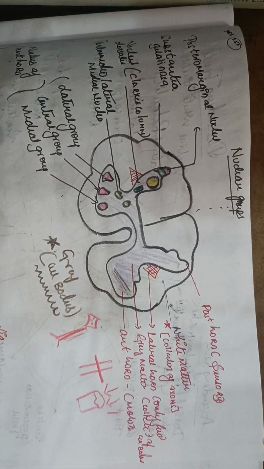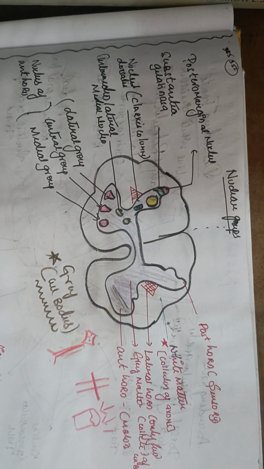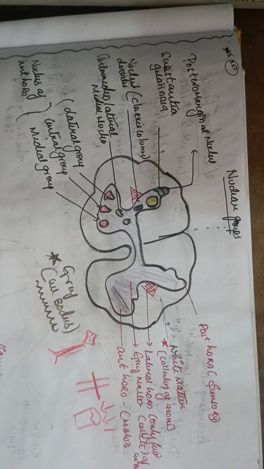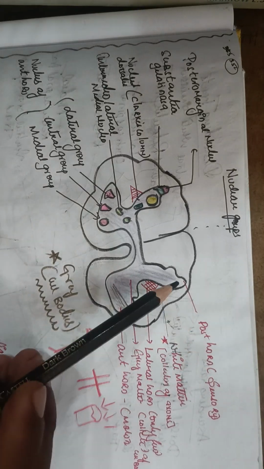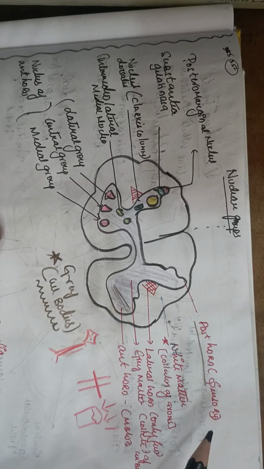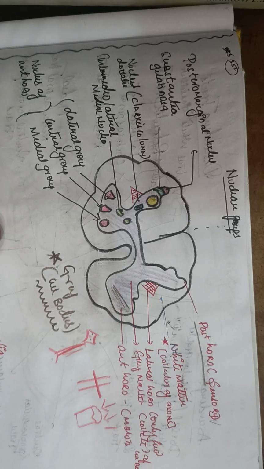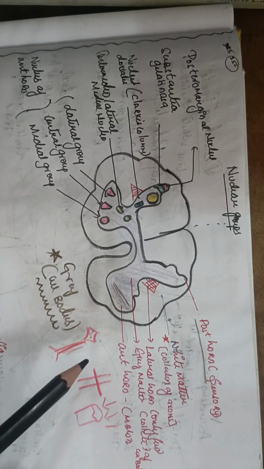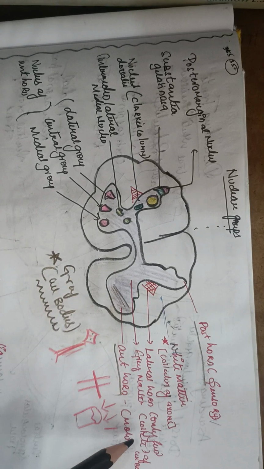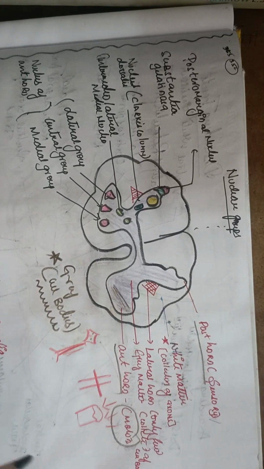And this gray matter has parts. The one which is present in the posterior is the posterior horn, which is sensory. The one which is present in the anterior is the anterior horn, which is motor.